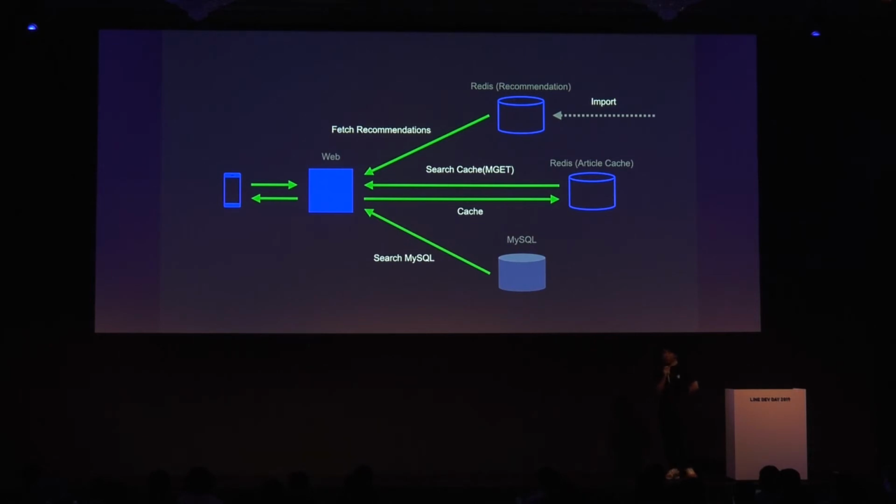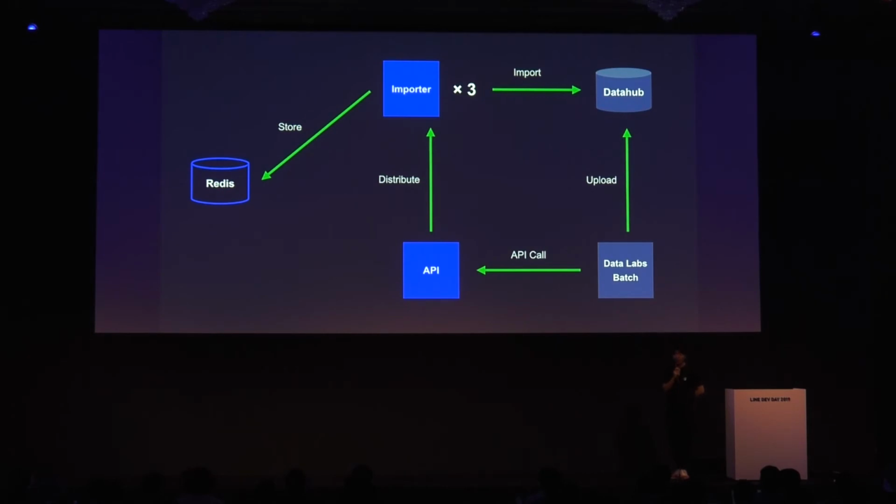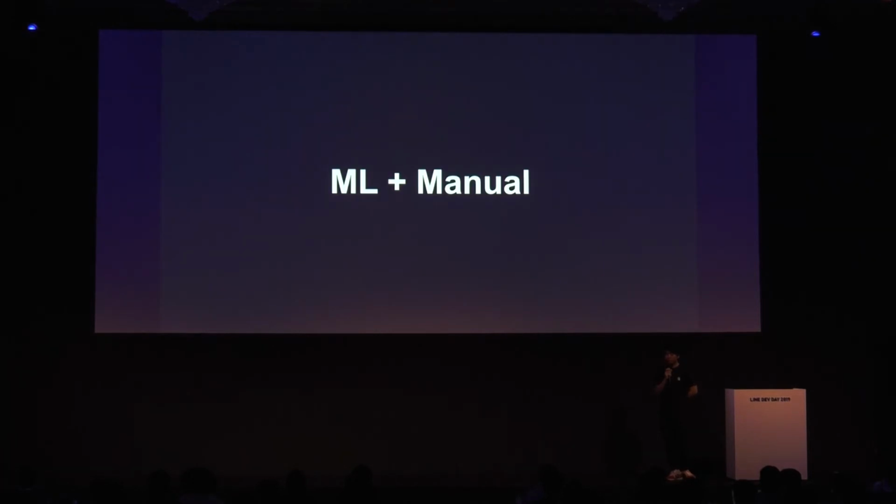So that's all about machine learning recommendation. Lastly, let me talk about the entire processing of request and import. Request is something like this, and import is this. So machine learning recommendation is running, no problem, on this architecture.